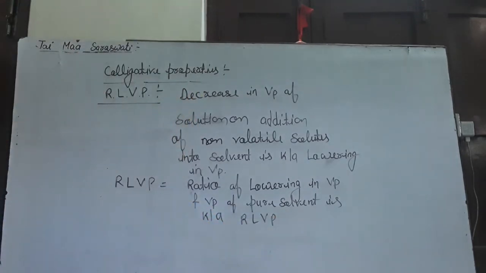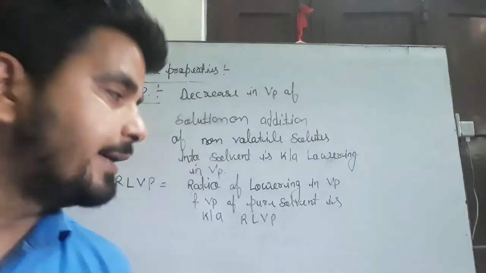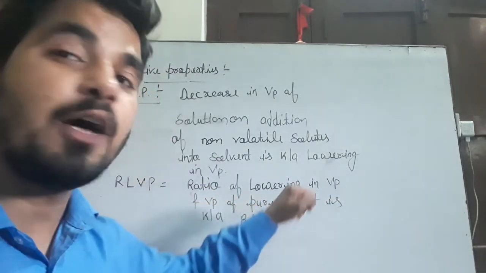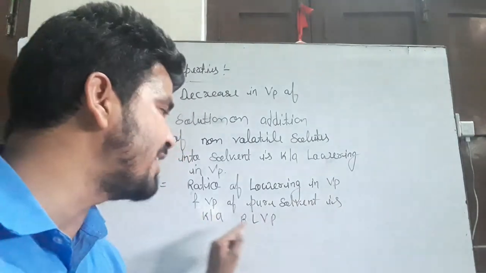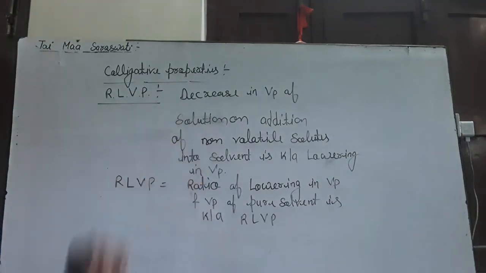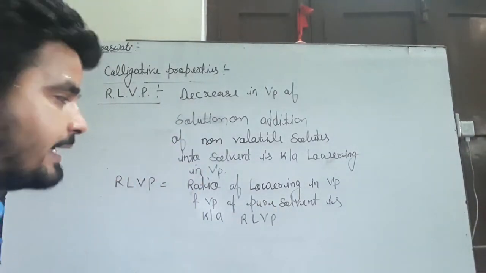Please write down, everyone. What is RLVP? Ratio of lowering in vapor pressure and vapor pressure of pure solvent. The ratio of them is known as RLVP, relative lowering in vapor pressure. Please write down, everyone. Hope you all have noted down. Just moving ahead.